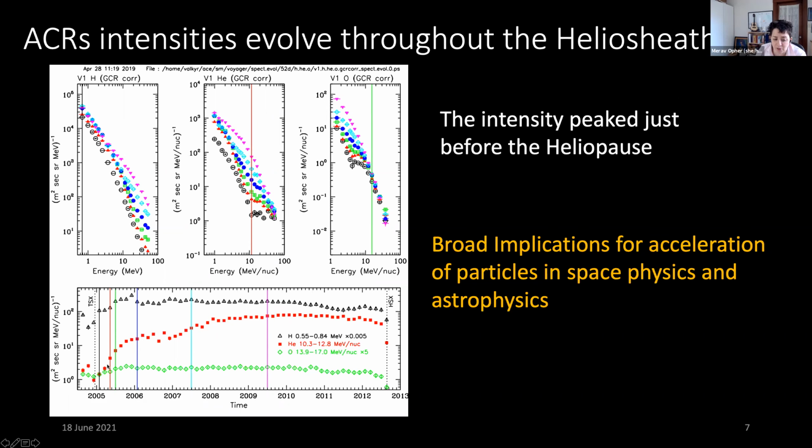So they didn't increase across the shock, but they increased ahead of the spacecraft. It tells us that there is a mechanism of acceleration somewhere else in the sheath, not at the location of the termination shock. So I think those two questions are very exciting because they have a very broad implication for acceleration of particles in general in space physics and in astrophysics.